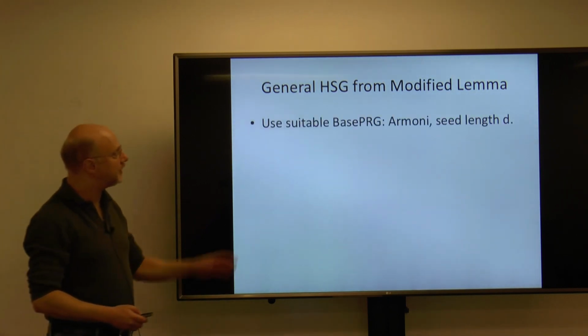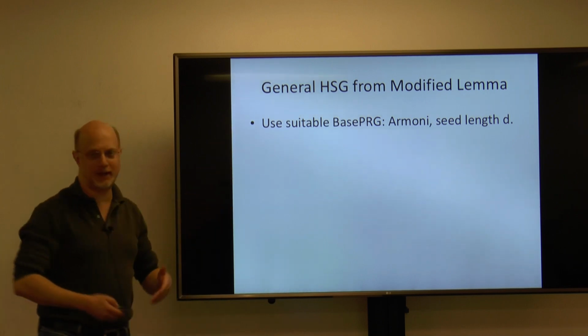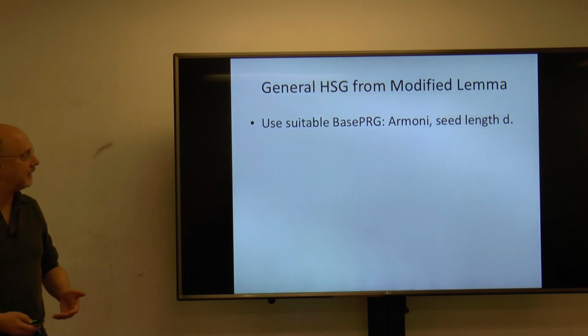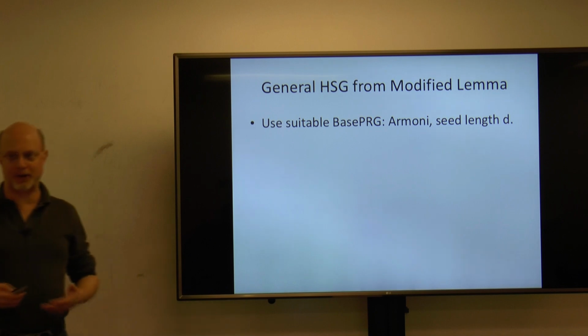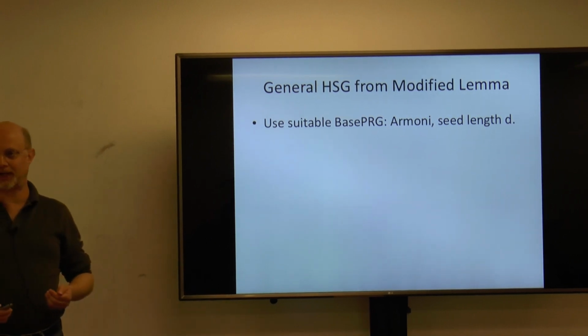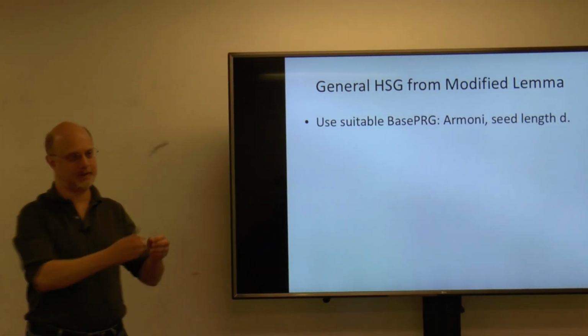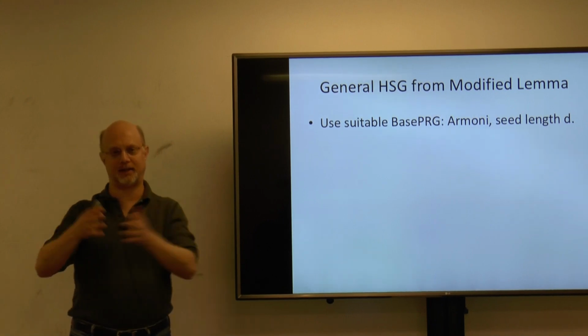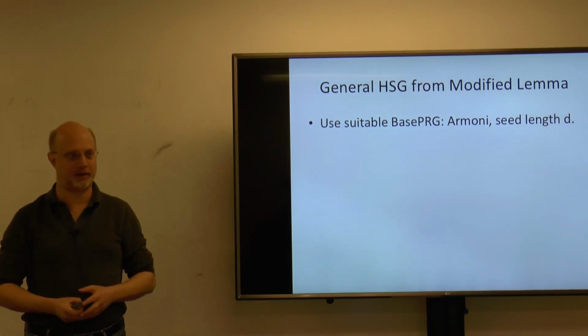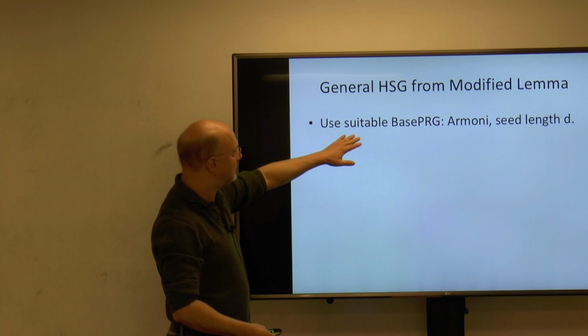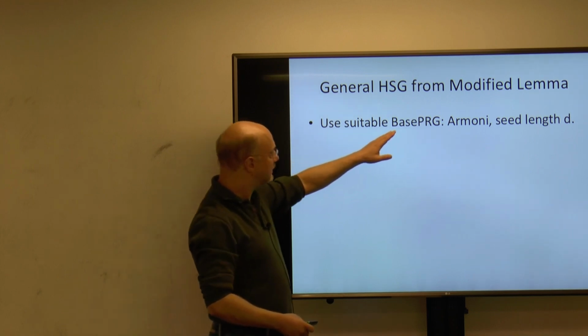And now we have to modify the hitting set generator in this general setting. So we won't be using combinatorial rectangles. We don't have a combinatorial rectangle anymore because it goes from a node to a set, and we lose the combinatorial rectangle. But we can still do something.